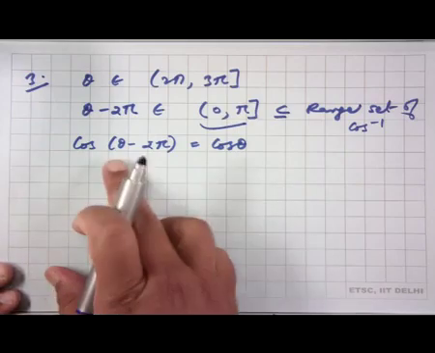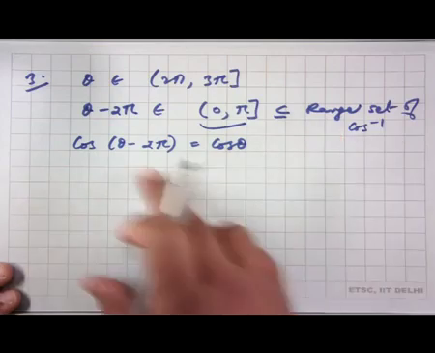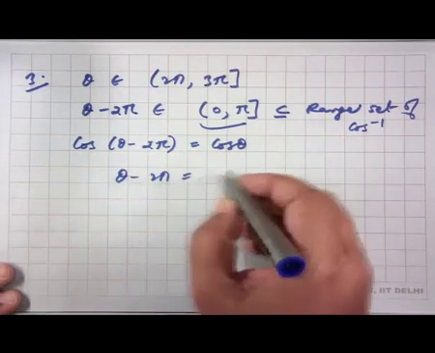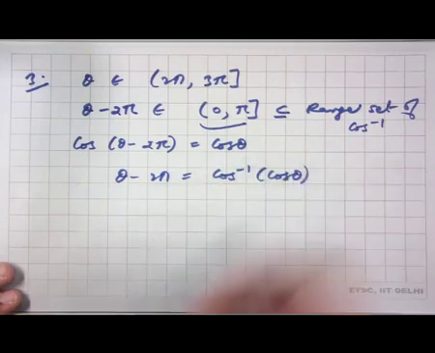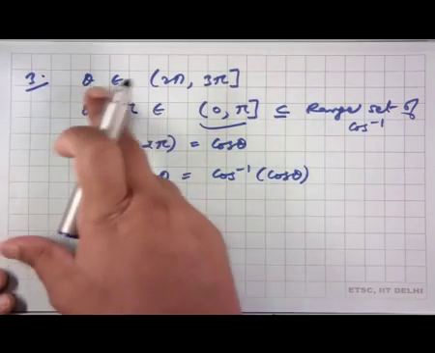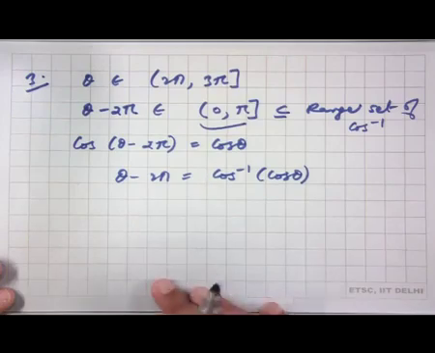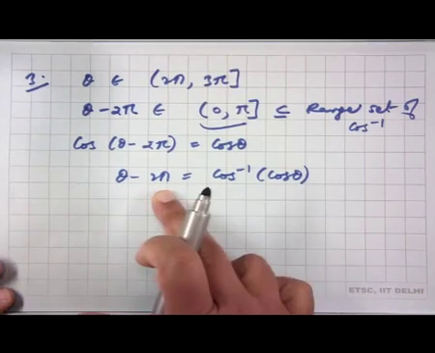Therefore, theta minus 2 pi should be equal to cos inverse of cos theta, so for theta in 2 pi to 3 pi, cos inverse of cos theta is theta minus 2 pi.